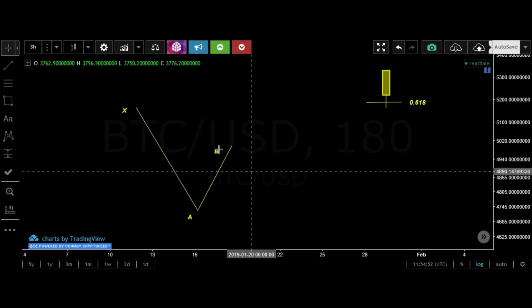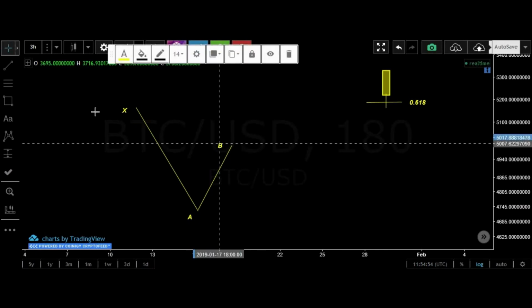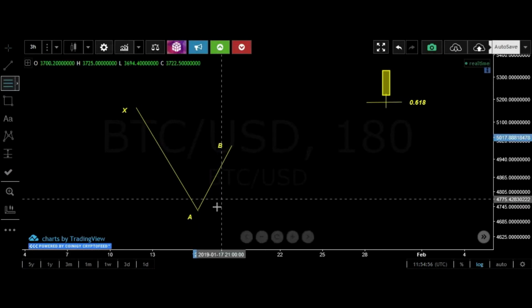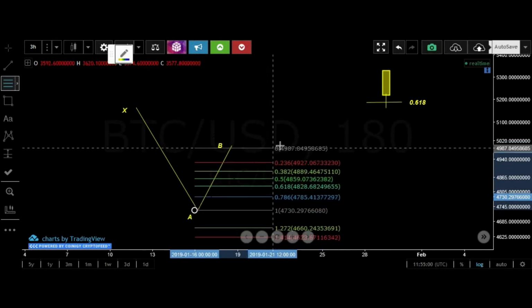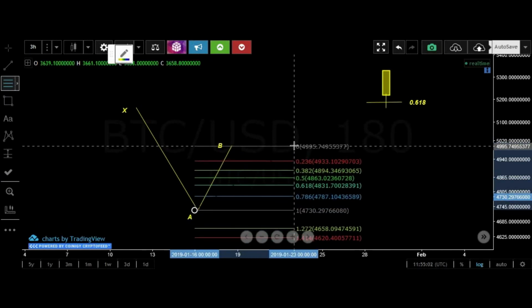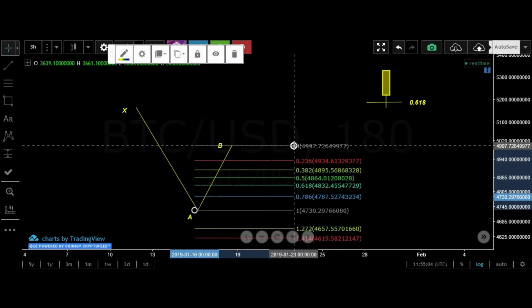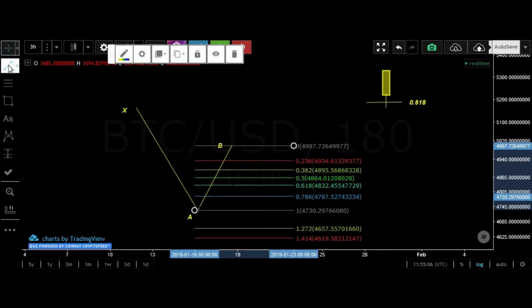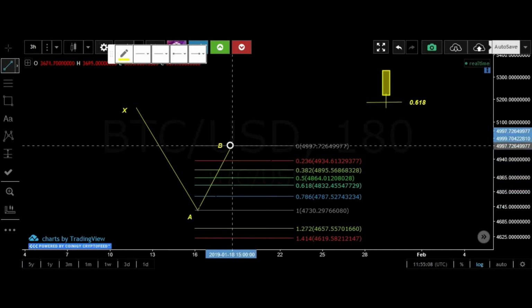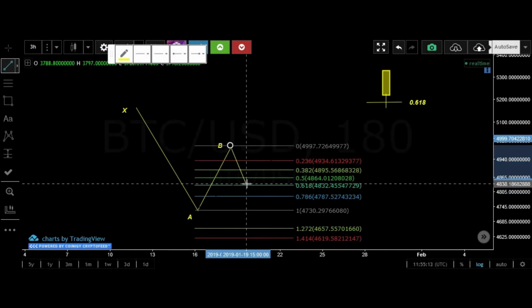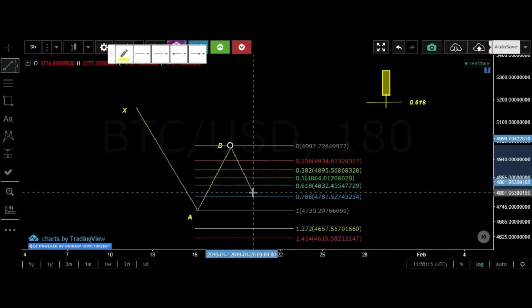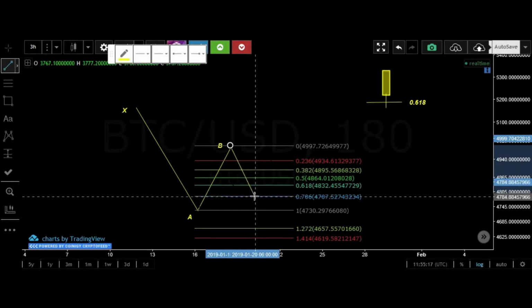So after that we'll look for the C leg. Now the C leg will be the Fibonacci retracement from the A leg up to the B leg. Now from there we have price dropping down from the B leg to 0.618 down to 0.786.